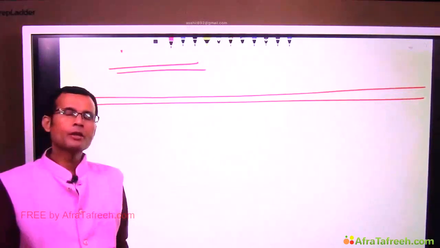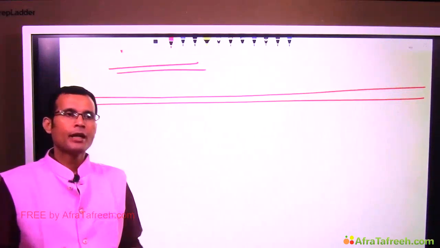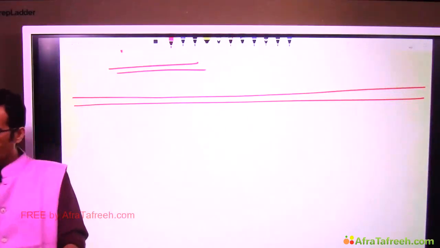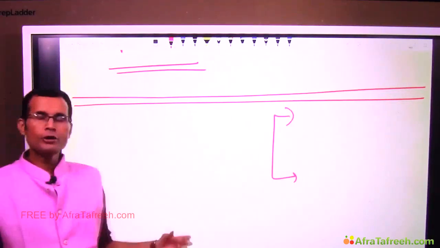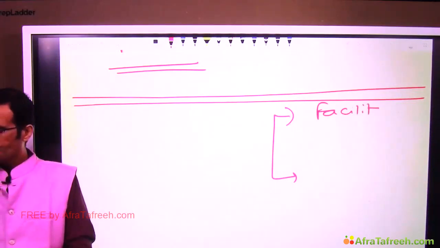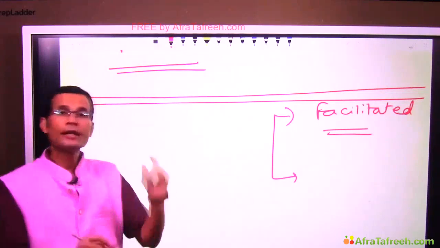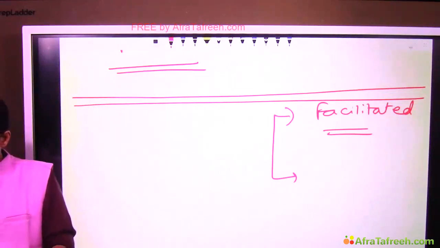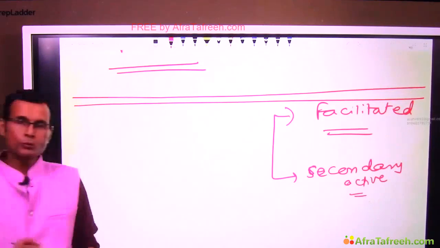Look, if you remember, we discussed the carriers in the membrane. And I had told you that carrier is responsible for two types of transports: facilitated diffusion and, remember which was the second one? Secondary active transport. These two are carrier mediated transports, okay?